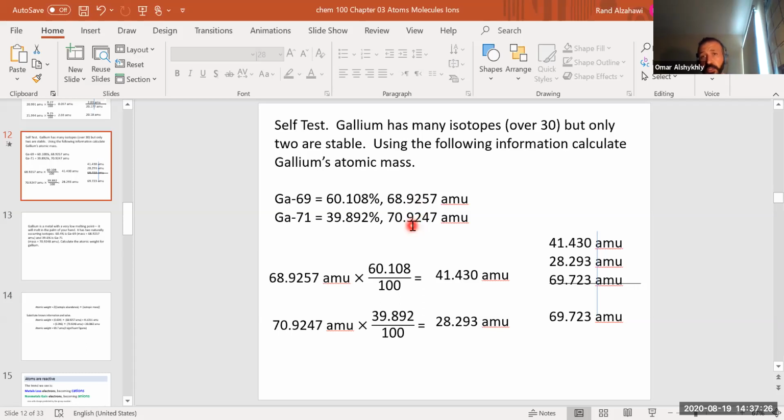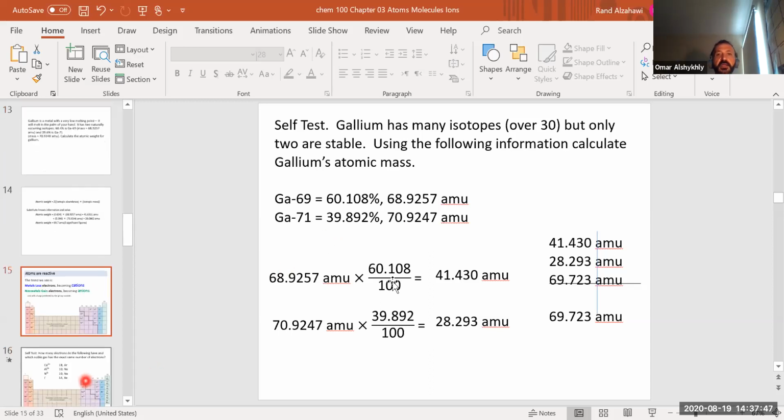This is totally wrong. We have different ratios, different percentages, sorry, for the element. So what you need to do is multiply that mass by its percentage, plus the second mass by its percentage. So be careful.